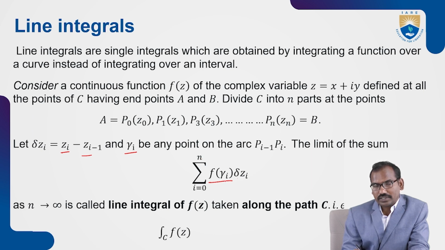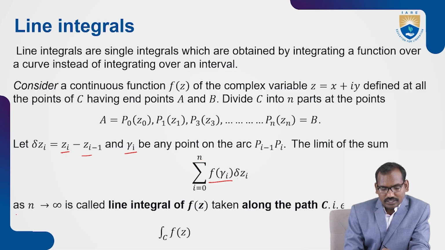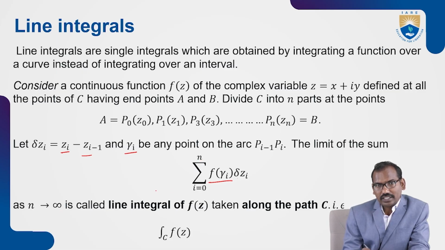How many terms does this sum contain? N plus 1 terms. Here, the limit of the sum as n approaches infinity is called the line integral of f of z, the line integral of f of z taken along the path C.